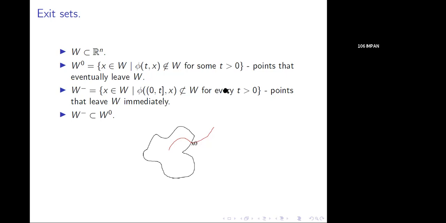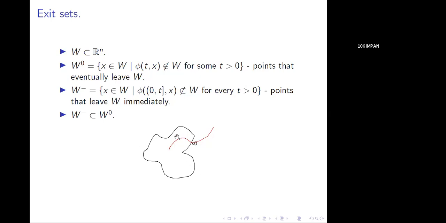And what do I mean by that? Well, that for every positive time, if I look at the trajectory from 0 to that time, this trajectory is not entirely contained in W. So the points kind of leave immediately.